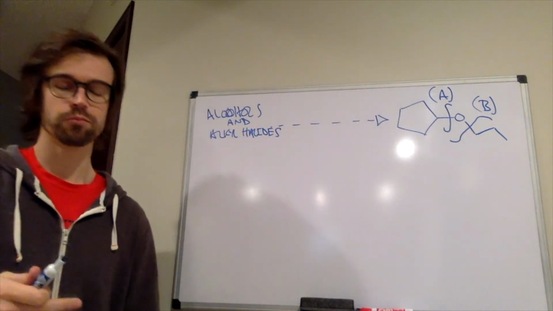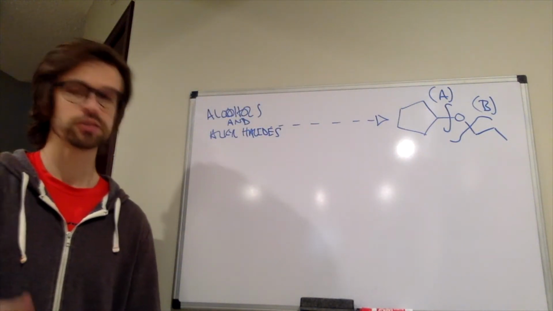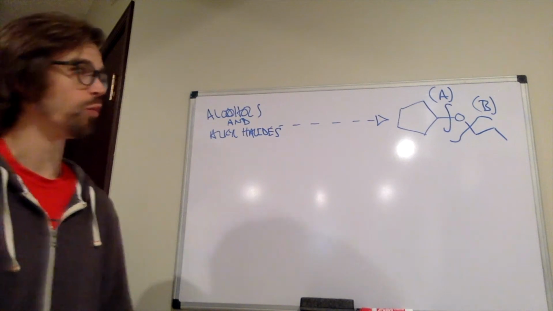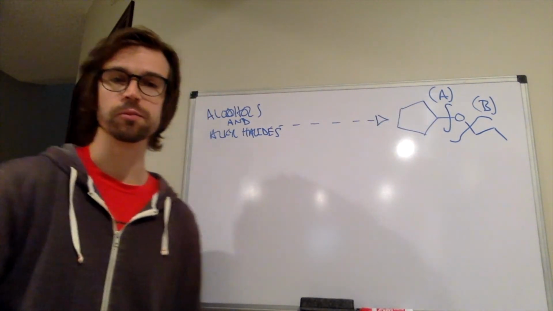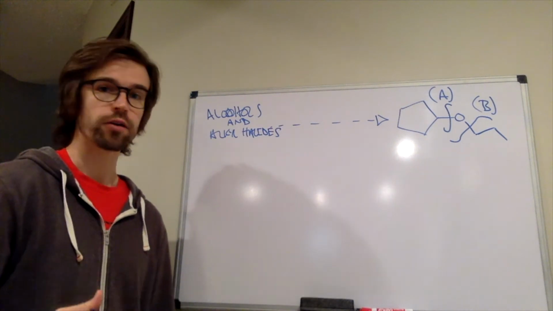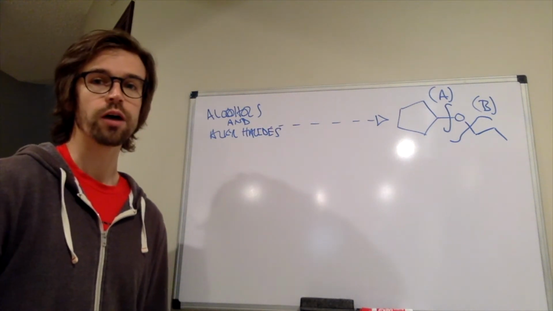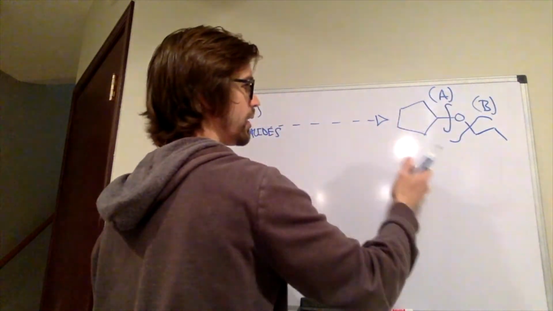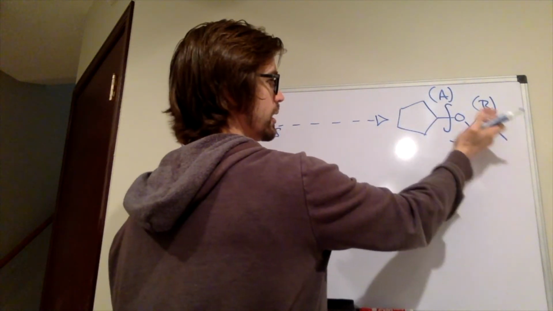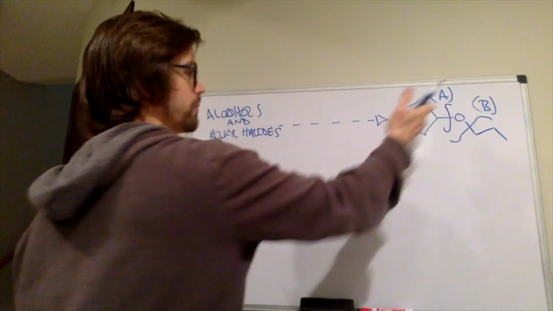So just like what we did earlier on this page of the course packet, one side of this is going to be the alkyl halide, the other side is going to be the alcohol. So breakage A, this side becomes the alcohol, that's the alkyl halide. Breakage B, that side's the alcohol, or this side's the alcohol.